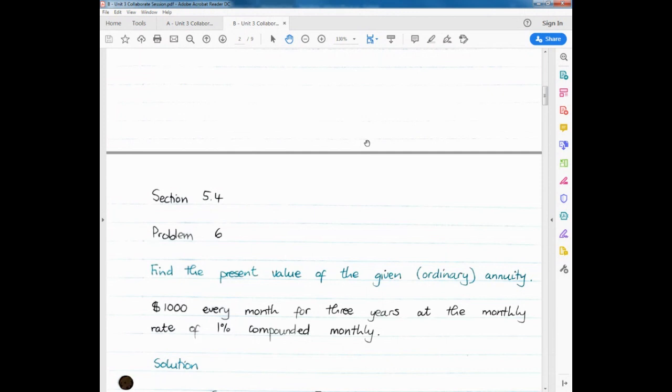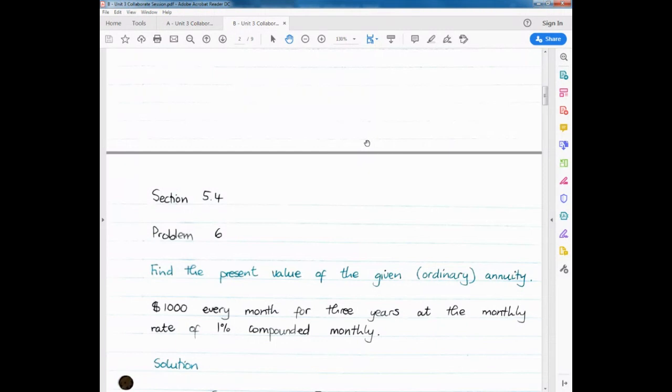For example, if you are told that certain payments are made at the end, then you know that this is an ordinary annuity. If it's just told to you that certain payments are made and we don't specify, then we tend to assume an ordinary annuity. And if payments are made at the beginning, then that would be an annuity due. So let's have a look at the first one, the ordinary one.